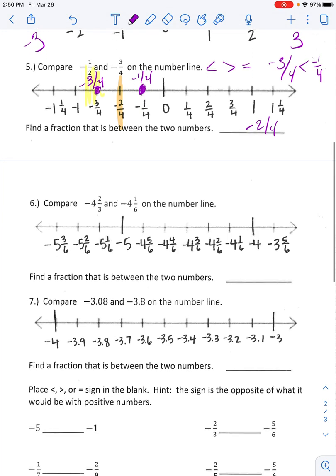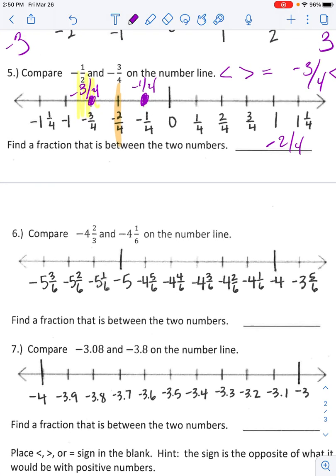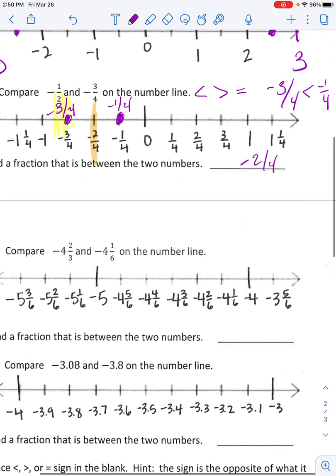Alrighty, let's look at the next one. We're going to compare a -4 2/3 and a -4 1/6. So let's find -4 2/3 and a -4 1/6.